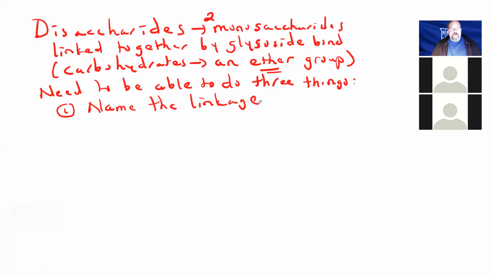Okay. So there were 3 linkages that we came across. So how do you name a linkage?